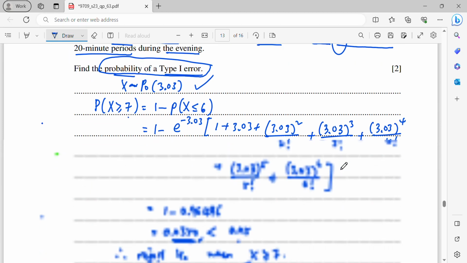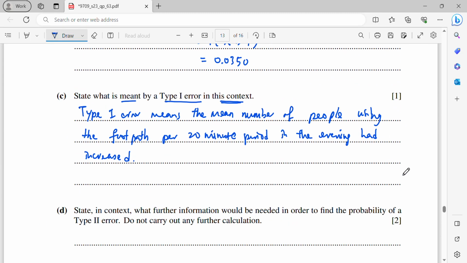Then I have to continue my statement here, had increased when it has not. Because when H naught is true, there's no increment, but then reject H naught means that it had increased. So this is the meaning of the type 1 error in this context.